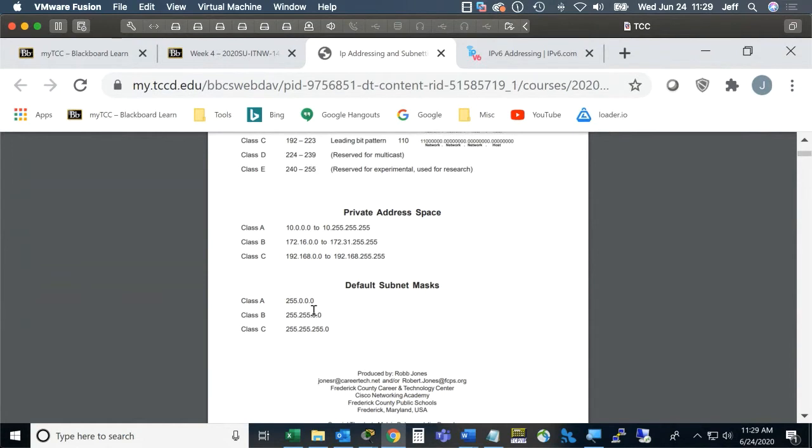It's not a network. So we can borrow probably, I think it's 22 bits, and create networks. For each bit, it's a power of 2. If we borrow 1 bit, we can create 2 networks, 0 and 1, right?